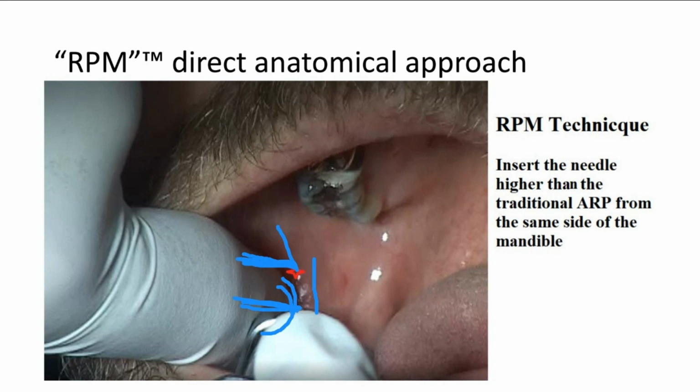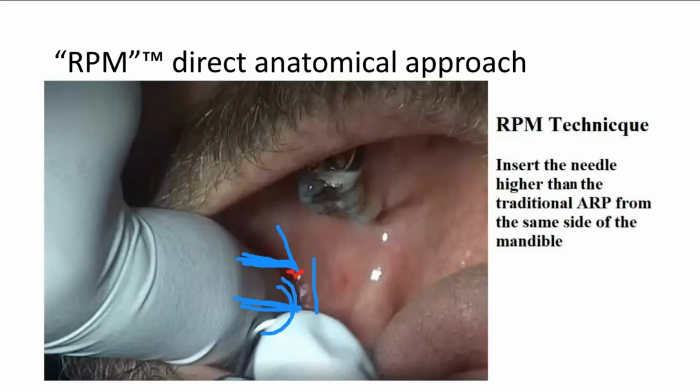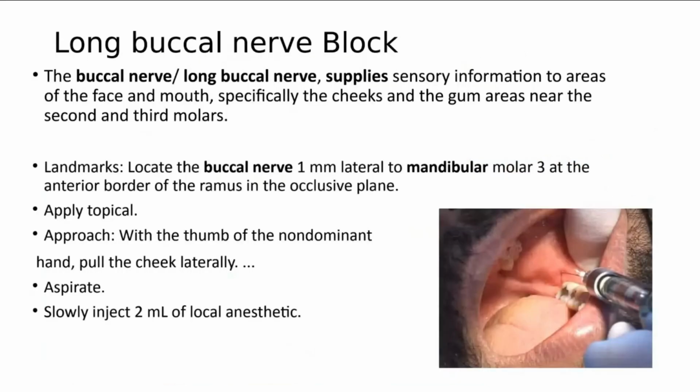They are saying that you're doing this to do something closer to the Gow-Gates, but you don't go that high. So you don't miss anything and you avoid muscles like the buccal muscle, superior constrictor, the veins, the stuff. So here it is, the RPM as another alternative.